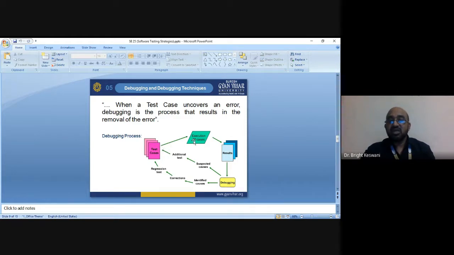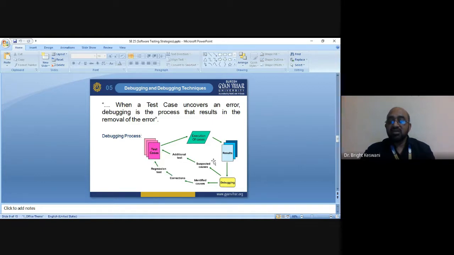The debugging process starts with the execution of cases. Results are stored in a file, and in debugging the result, suspected causes appear and additional tests are to be performed. Then again generate the test cases accordingly, identify causes of the problem, make the corrections, make the regression test, and generate the test cases.